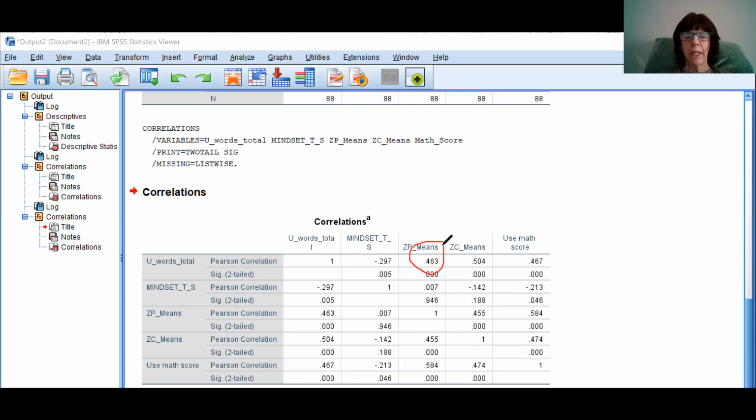Language use related to conceptual knowledge is positive, and language use related to general math skill is positive. So language use is a pretty good indicator of math knowledge.